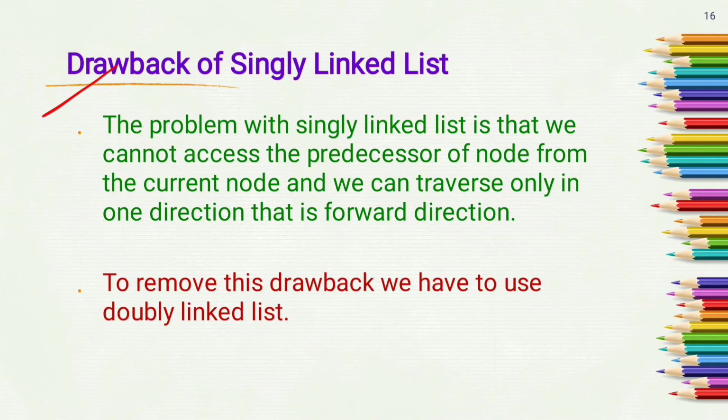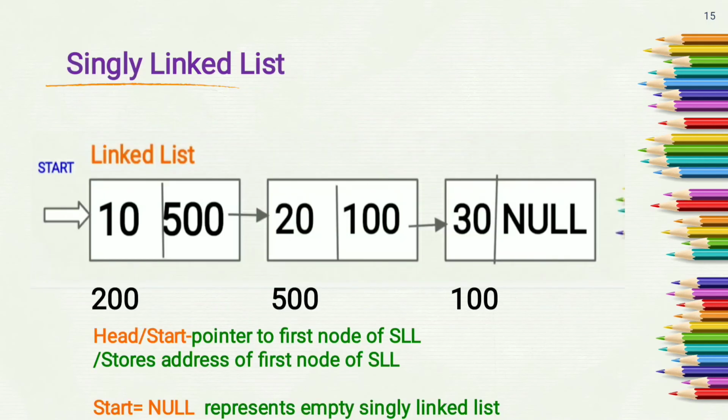Drawback of singly linked list. The problem with singly linked list is that we cannot access the predecessor of node from the current node, and we can traverse only in one direction, that is forward direction. In singly linked list we can traverse in only one direction. If you want to access 30, then you have to start from first node. From first node you will get the address of second node.